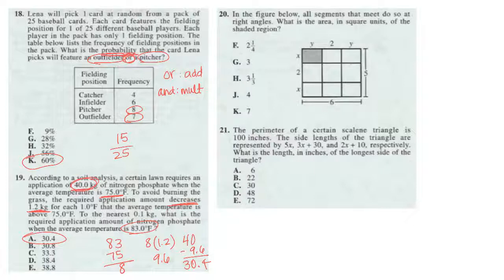Okay, now number 20. Number 20 almost got me. I had to take a second for this. We want to know what is that area. So what we need to do here for that area is really going to be x times y, but we don't know what x and y are. But if we go back and refer to our perimeter and add those coordinates, that should correspond to 6. So we see that 2 plus 2y has to be 6, and so y has to be 2.